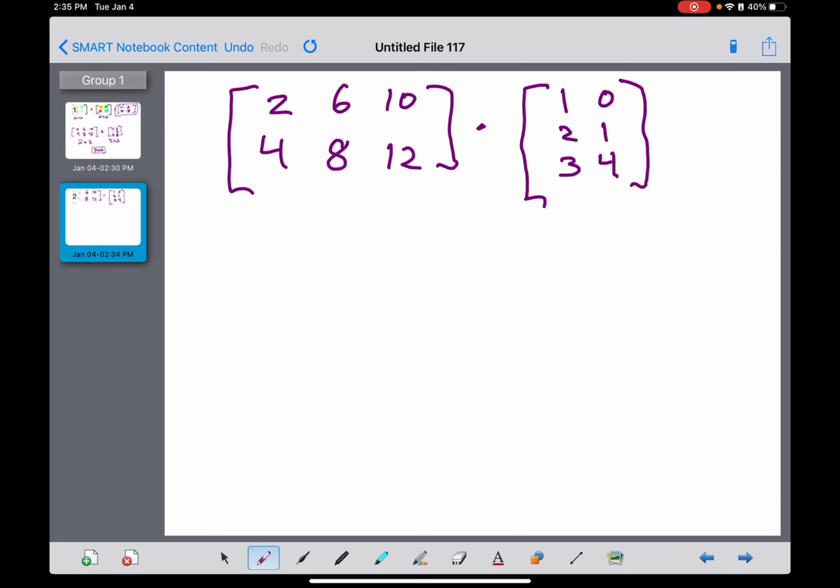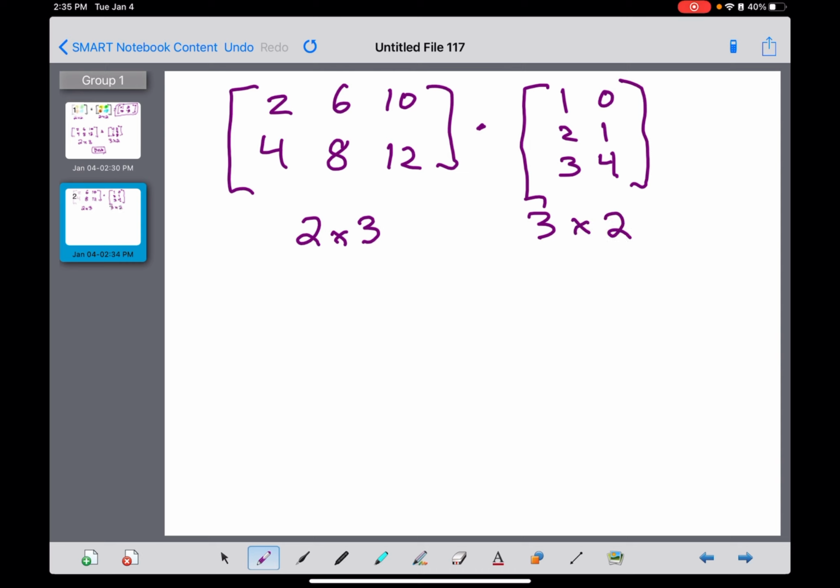So we've got these two matrices now. This is a 2 by 3 matrix, with 2 rows and 3 columns. This one has 3 rows and 2 columns.